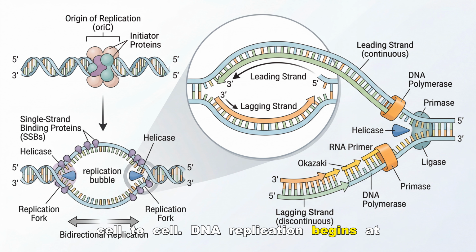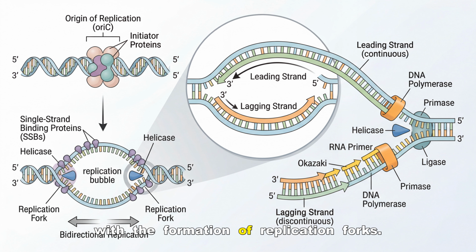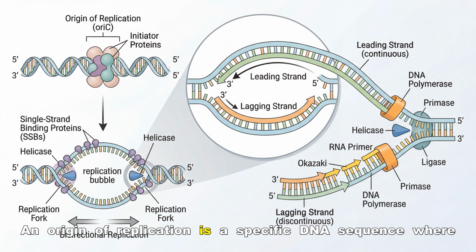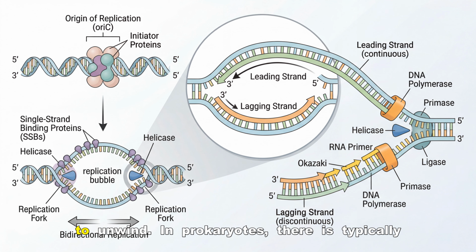DNA replication begins at origins of replication and proceeds bidirectionally with the formation of replication forks. An origin of replication is a specific DNA sequence where the replication machinery assembles and the double helix begins to unwind.